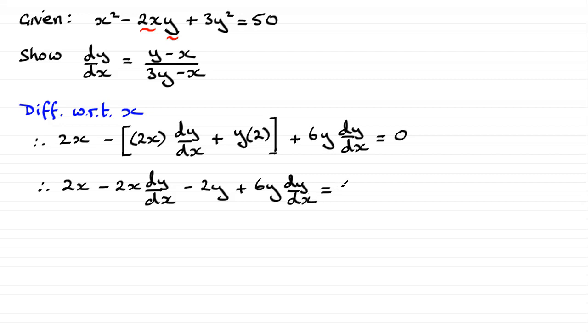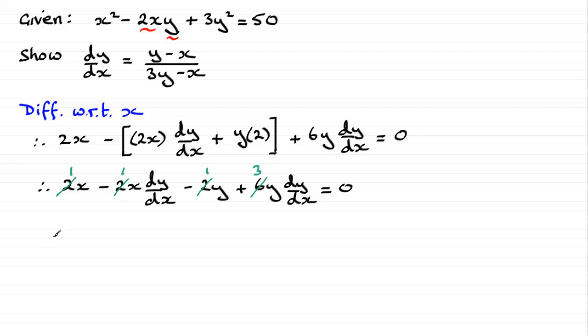Now we need to look at cleaning this up. I can see that we could divide throughout each term by 2. That will make things a lot simpler. So we divide through by 2, and 2 into that 6 goes 3.